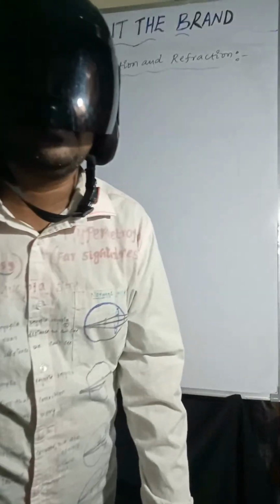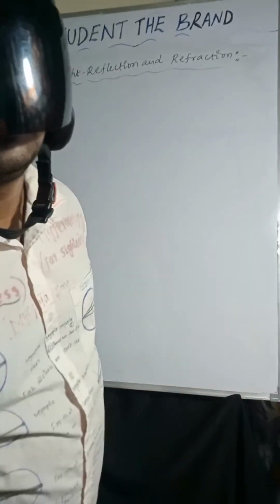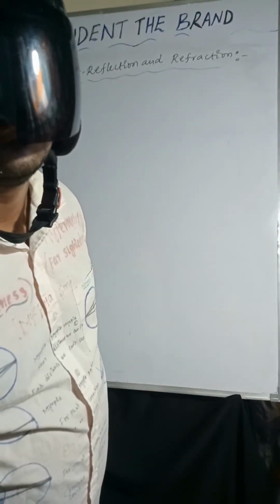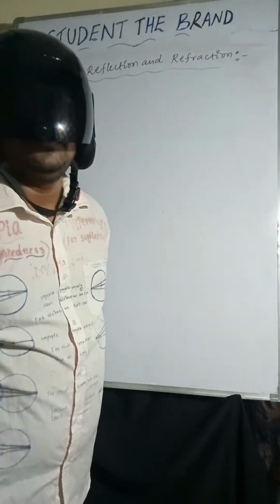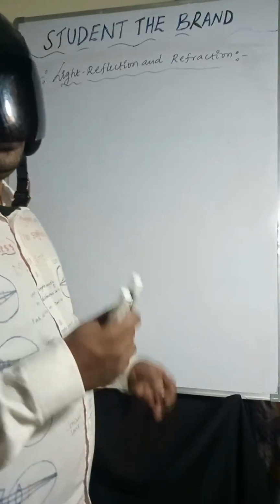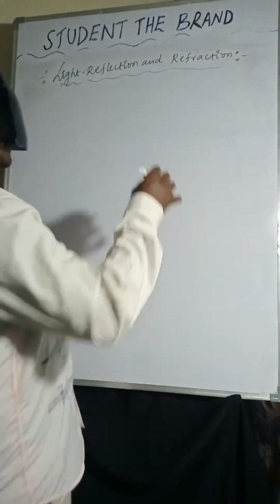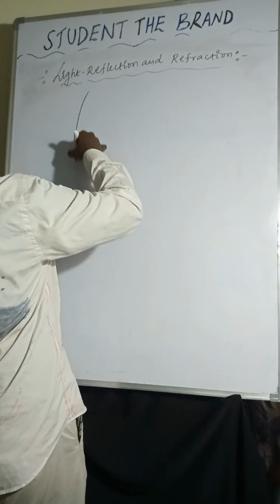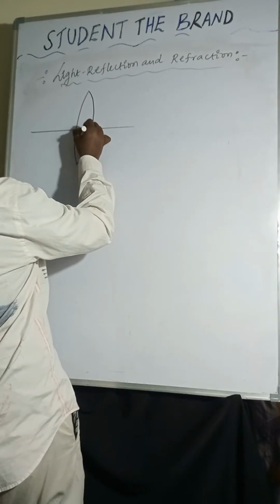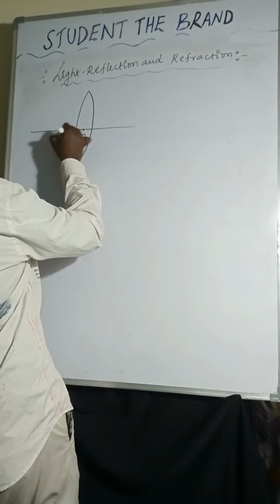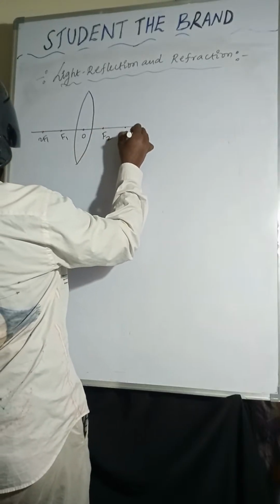So now we will discuss the convex lens and concave lens ray rules. Optic center, F1, 2F1, F2, 2F2.